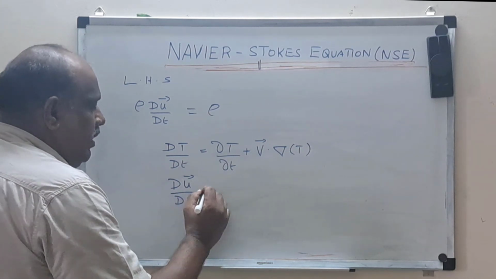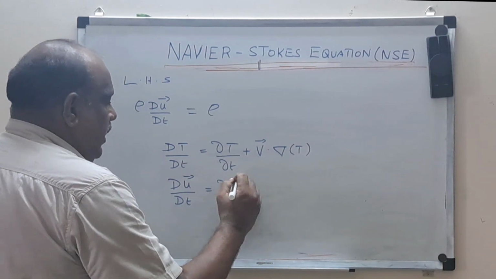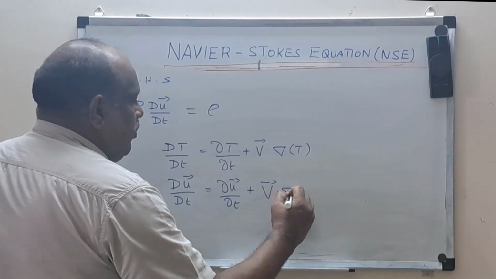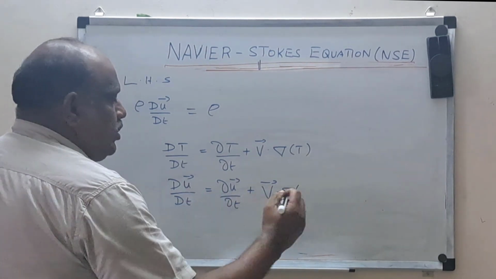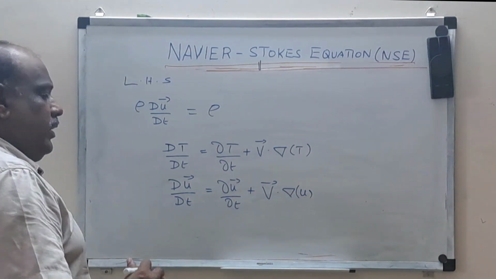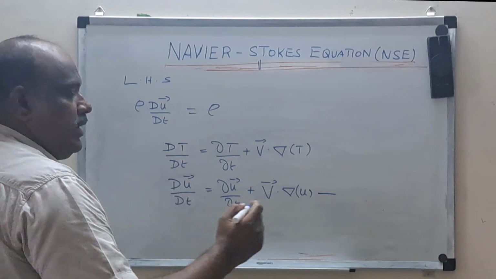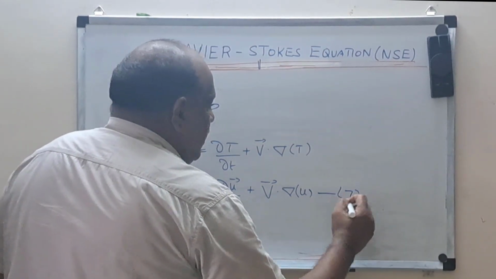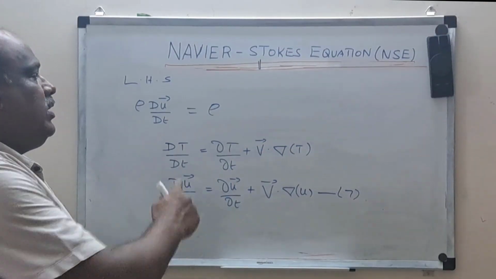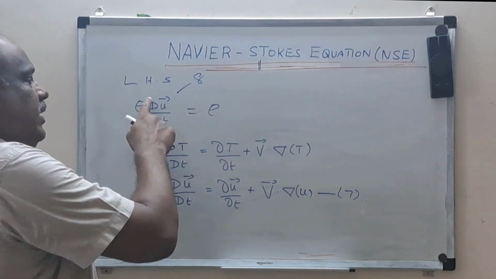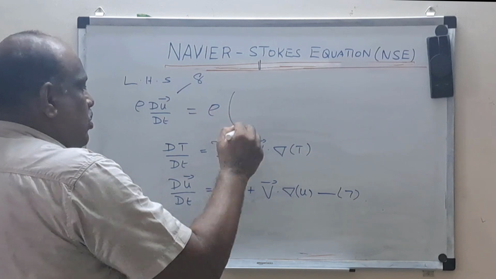So Du by Dt will be equal to dou u by dou t plus v dot del of u, where the variable is u. So you write like this. Now instead of Du by Dt, I can substitute this value here. Substitute now 7 in this equation, namely we can call this equation 8. So substitute 7 in 8, only for the rho into Du by Dt. So what is Du by Dt?